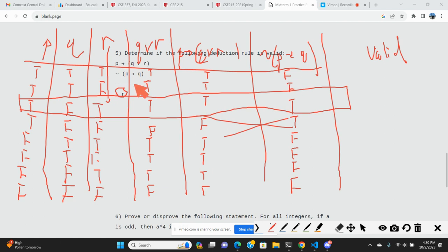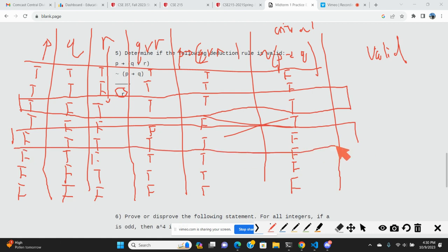Now, there might also be questions where I have multiple rows in which my predicates are true, and these are called the critical rows. So let's pretend this row is also true. And R is also true in this case, fine. Okay, terrible example.